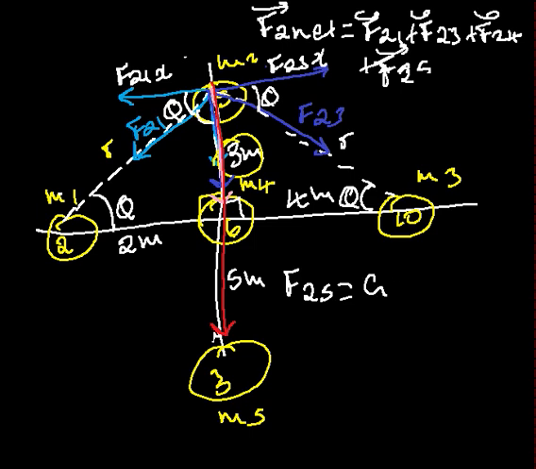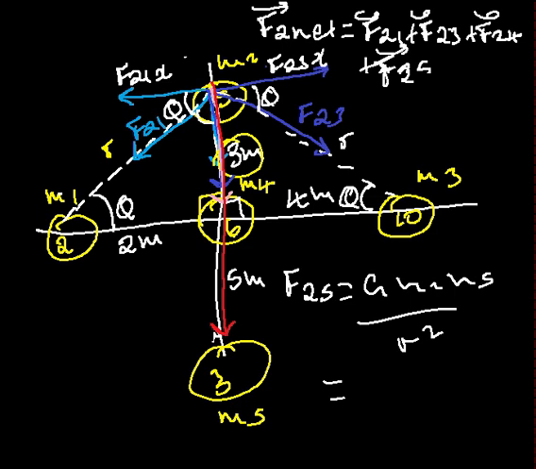That is given as G times mass 2 times mass 5 divided by the separation distance squared. G is given as 6.67 times 10 to the power negative 11, times mass 2, which is 5, and mass 5, which is 3, divided by the separation distance squared, which is 64.